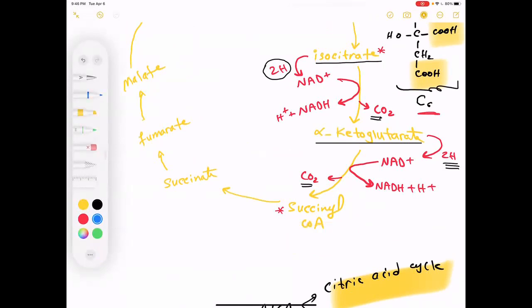What I'm going to do here, from succinyl-CoA to succinate, you have guanosine diphosphate, gaining an inorganic phosphate and becoming guanosine triphosphate.